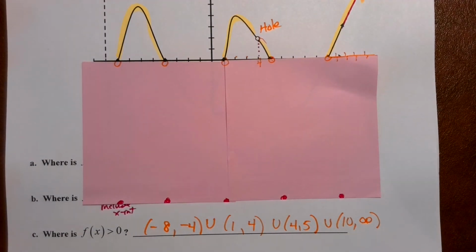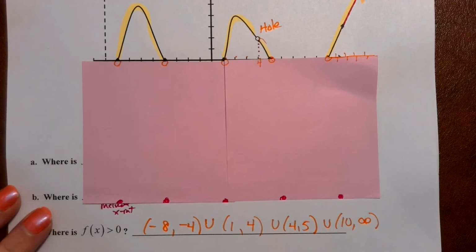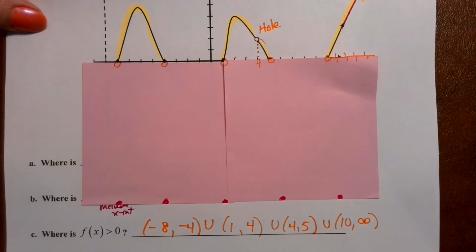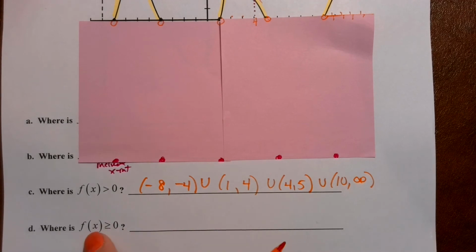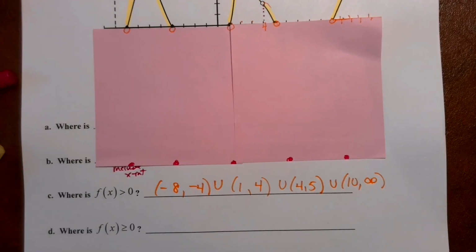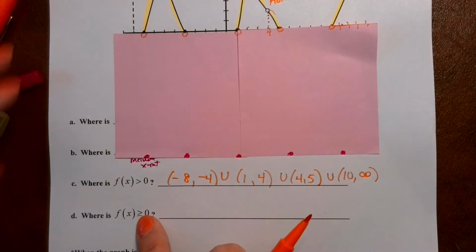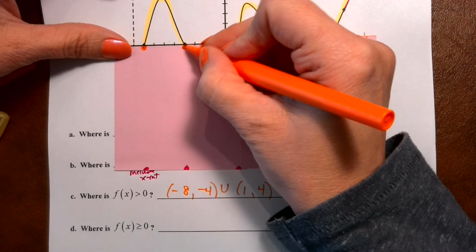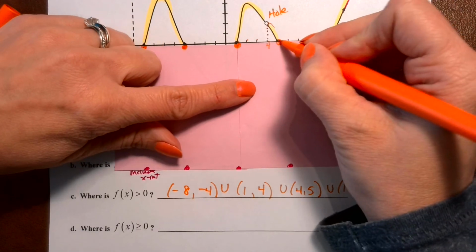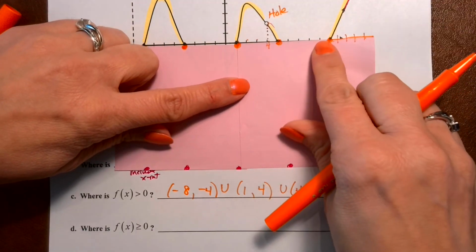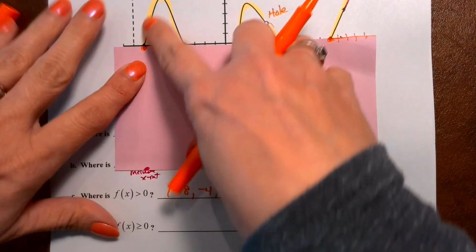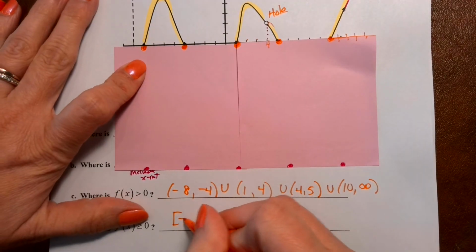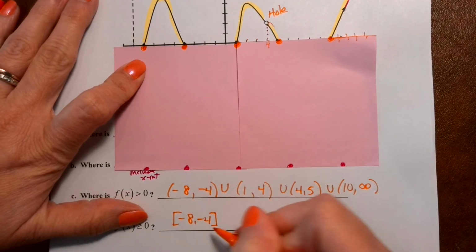How does that change things if they want the graph to be greater than or equal to 0? If they want you to equal the x-intercepts, then we'll fill in these points right here. You're allowed to touch the 0. So for this first branch, it's brackets, -8 to -4.